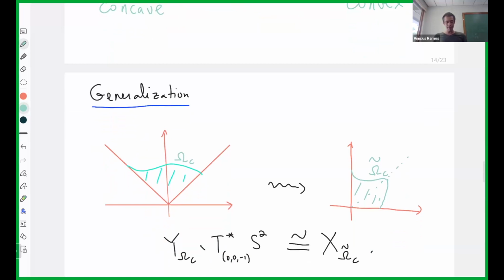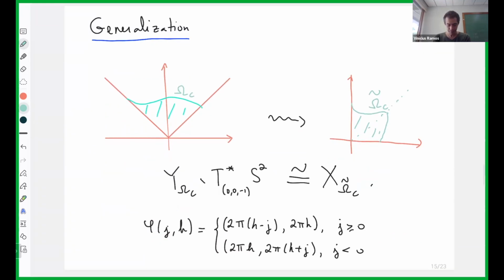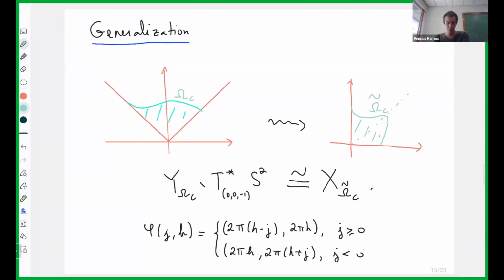So basically, there is a way of taking one of these RP3 toric domains, and then you remove the fiber over the south pole, say, it could be the north pole, and that's symplectomorphic to a toric domain where the domain is just built from this original omega C. And the formula to go from one to the other is pretty simple.